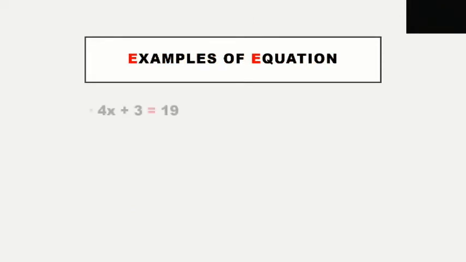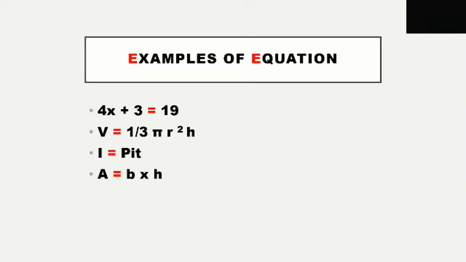An example of an equation is 4x plus 3 is equal to 9. We use equality as the symbol for an equation. Examples are the volume of a cone, the equation for finding interest, the area of a rectangle, and the equation of a straight line.